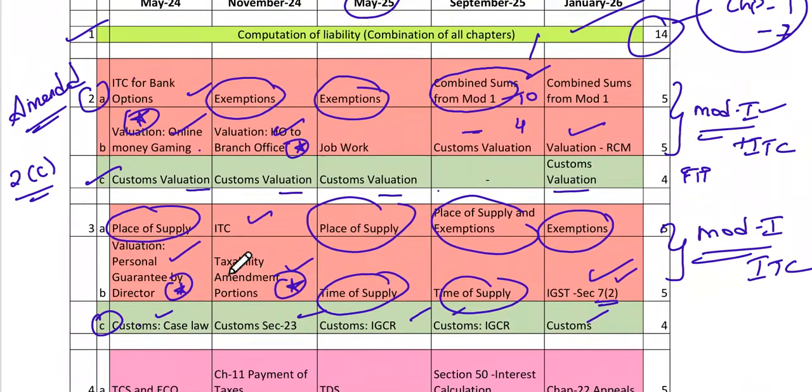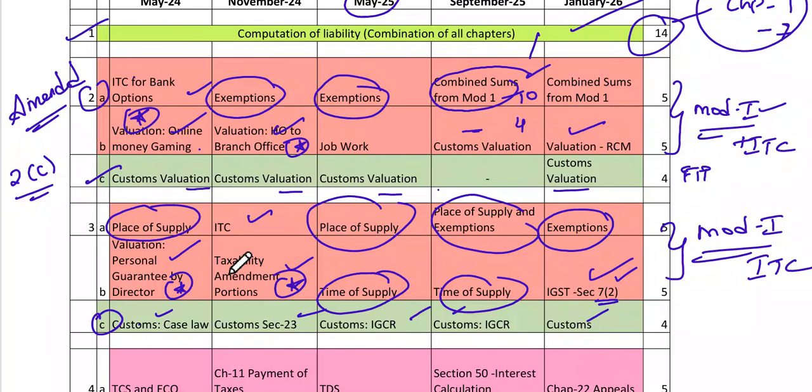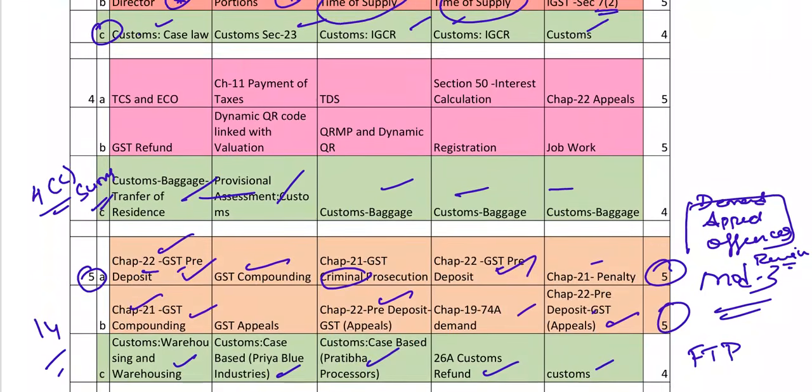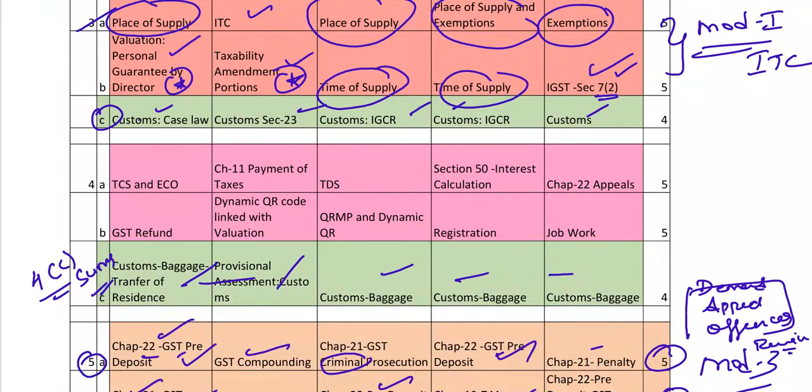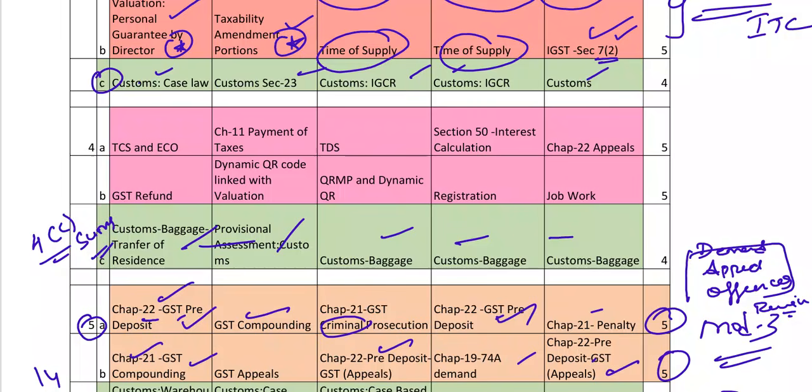And if you are done with the first two chapters of the first module, and with your customs valuation and the other customs part, then you can also answer two or three parts easily, so that the four questions are taken care of. If you study module 1, module 3 and module 4 properly, even if you didn't touch module 2 apart from your ITC chapter, then also you can crack your paper. But I don't want you to do that. Still, I'm just saying the reality.